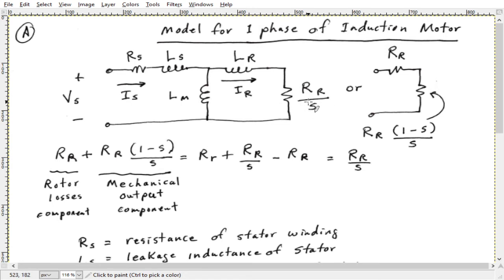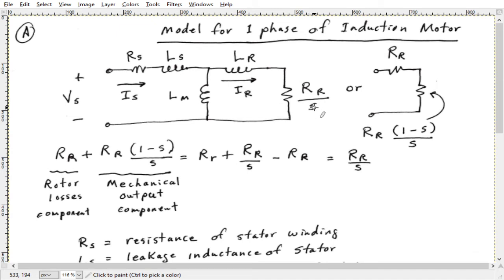In this video, the problem I'm using is a problem from the book Electric Machinery, by Fitzgerald, Kingsley, and Umans. They were using a slip of 0.02, or 2%. So let's look at that.